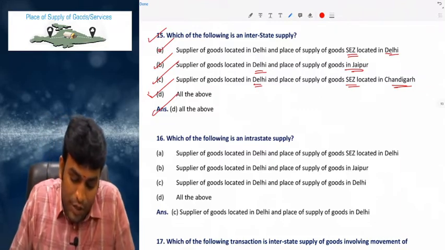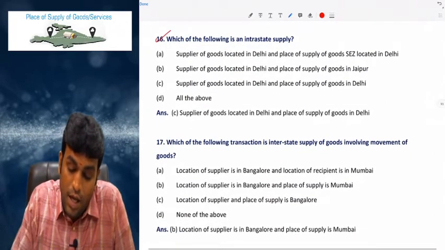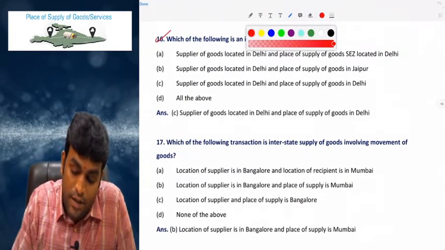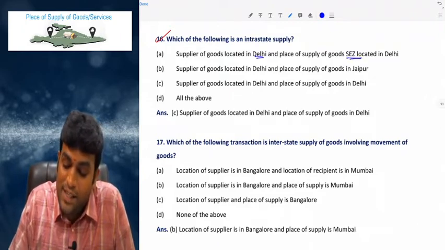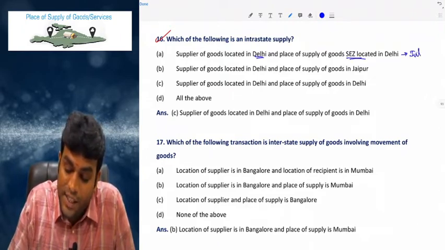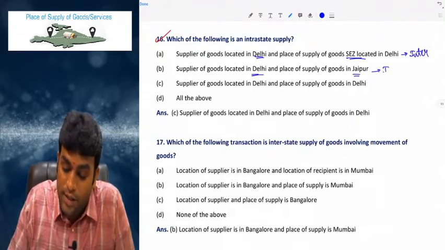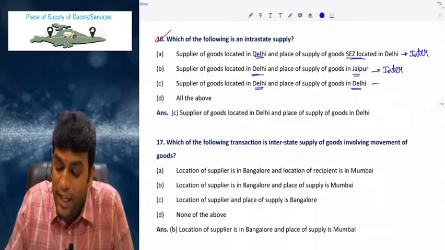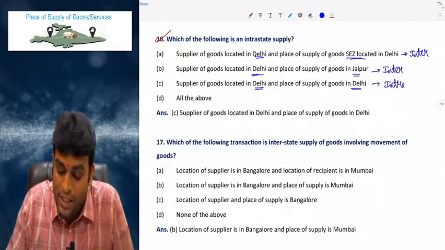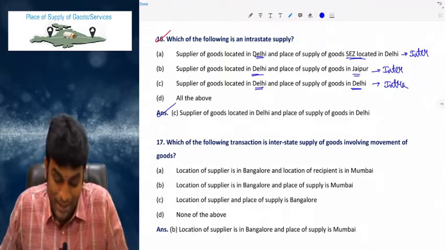Then, which of the following is an intrastate supply? Supplier is in Delhi and place of supply is SEZ in Delhi. This is definitely interstate. Supplier is in Delhi, POS is in Jaipur. This is also interstate. Supplier is in Delhi, POS is in Delhi. This becomes an intrastate supply. Clear? Next.